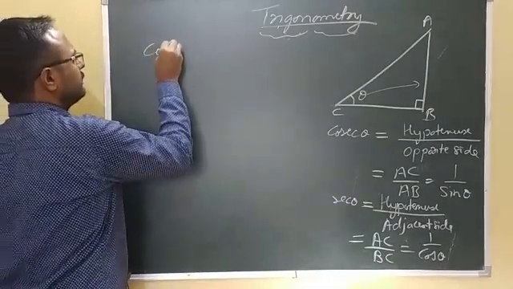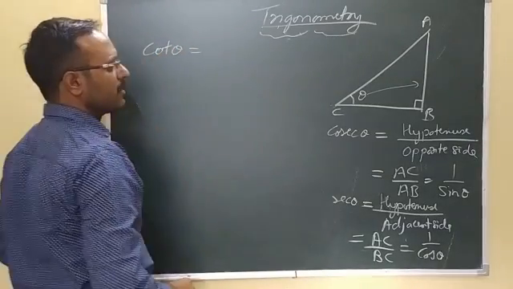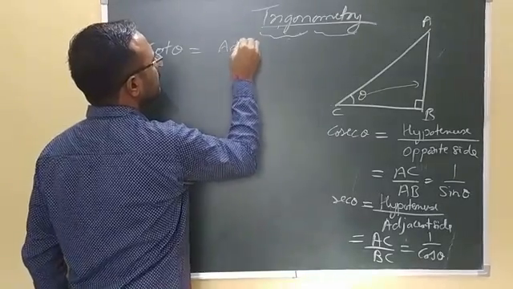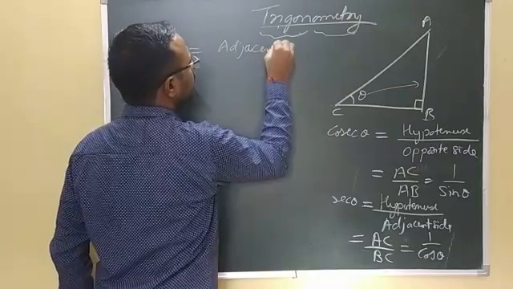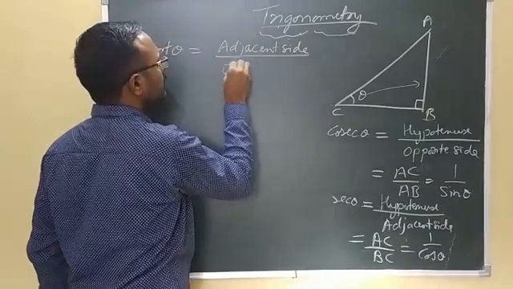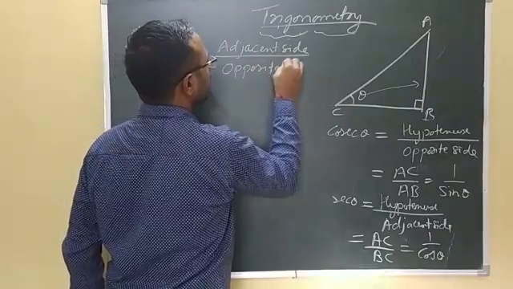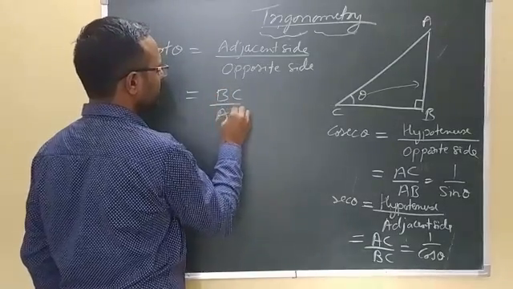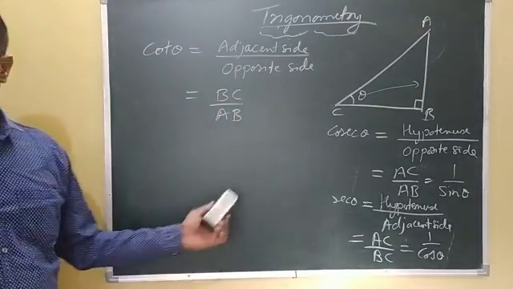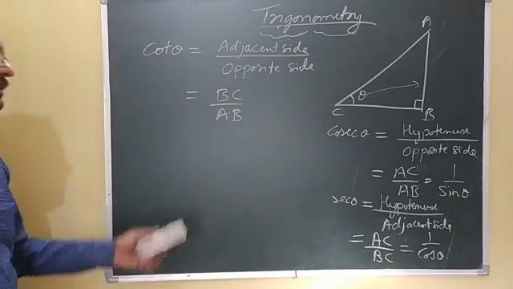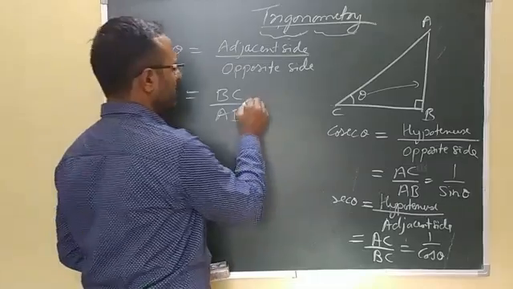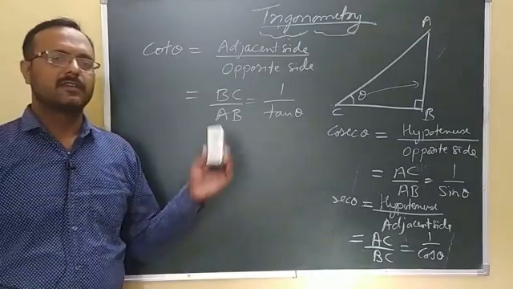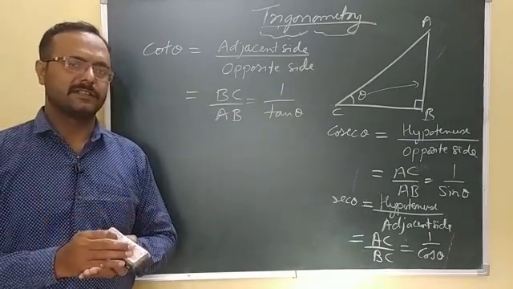Next is our cot theta. So cot theta is written as adjacent side upon opposite side, which is equal to BC upon AB. If you observe, tan theta was just the opposite of this, so you can write this is equal to 1 upon tan theta. So here you observe that cot theta and tan theta are inverse of each other.